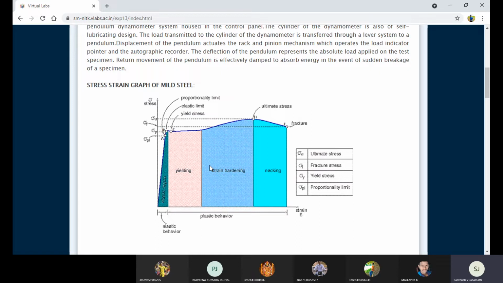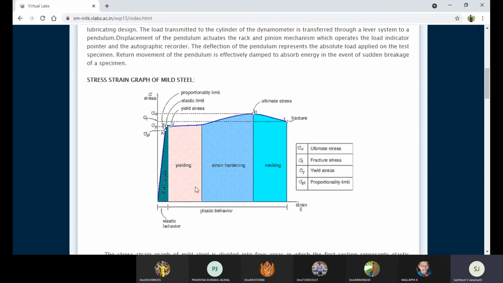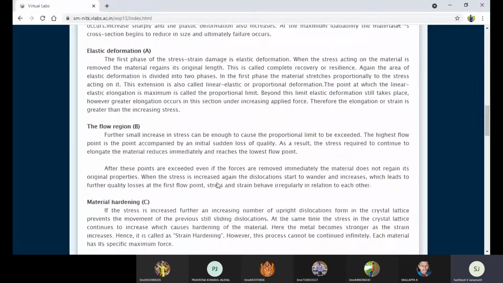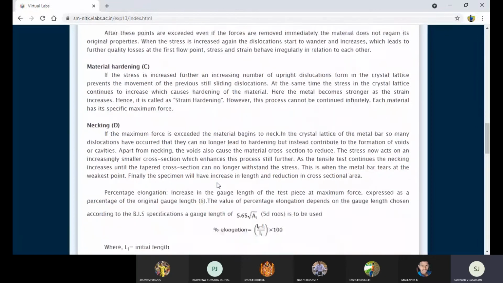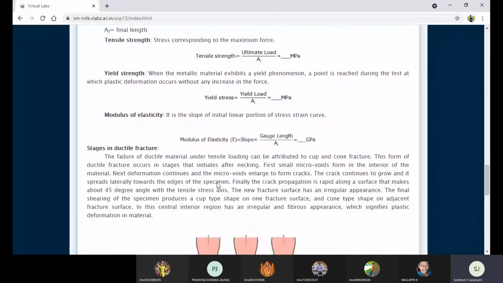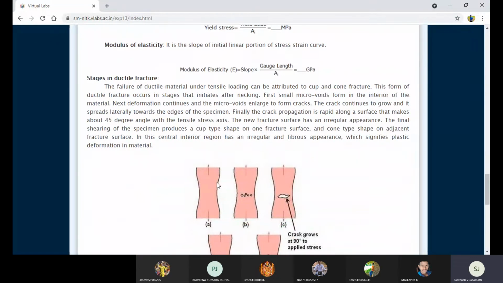These are the technical things we need to understand before conducting this experiment. Simply taking the samples and going for the conduction is not enough. We need background knowledge regarding why we conduct this tensile test and what kinds of materials are suitable for it.